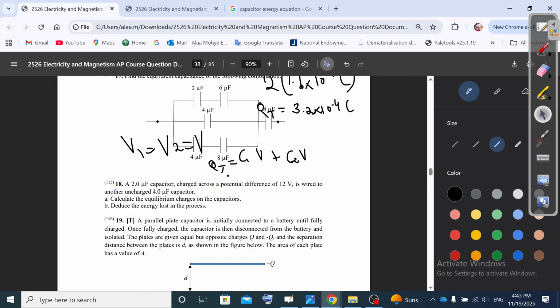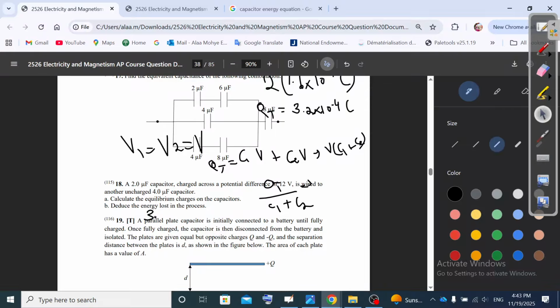Arranging for your Q total, you can take V as a common factor, so it's V times C1 plus C2. So V is your Q total over C1 plus C2. Let me just write it here.